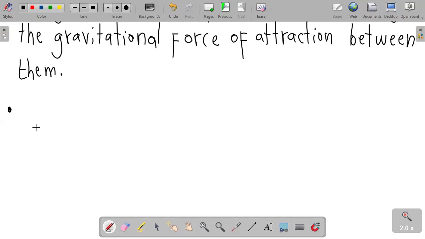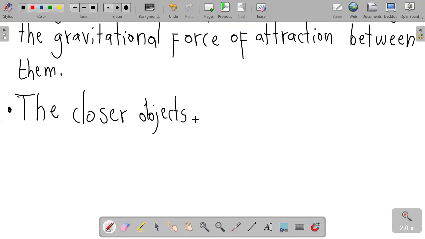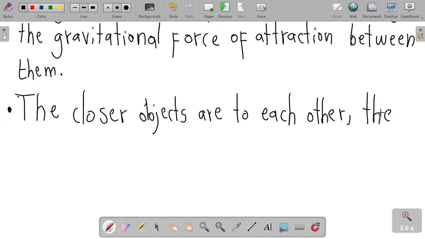With regards to distance, we say the closer objects are to each other, the stronger the gravitational force.